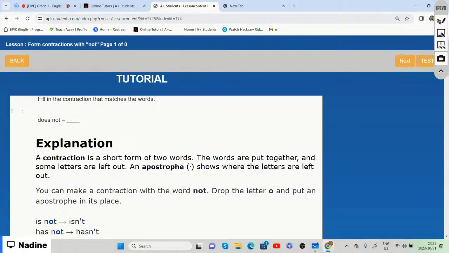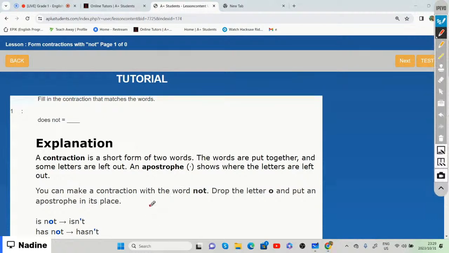So you can also make contractions with the word not. When we make the contraction with the word not, we just drop the O and we put the apostrophe in its place. For example, is not.